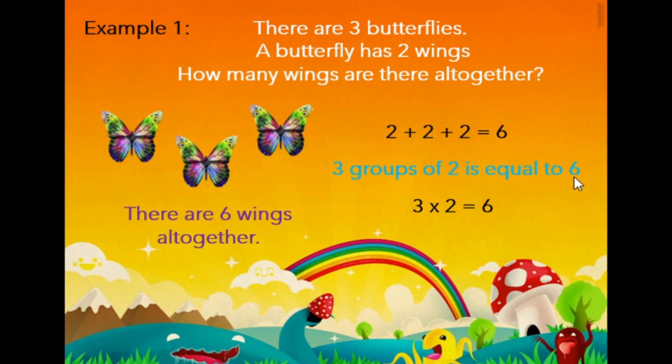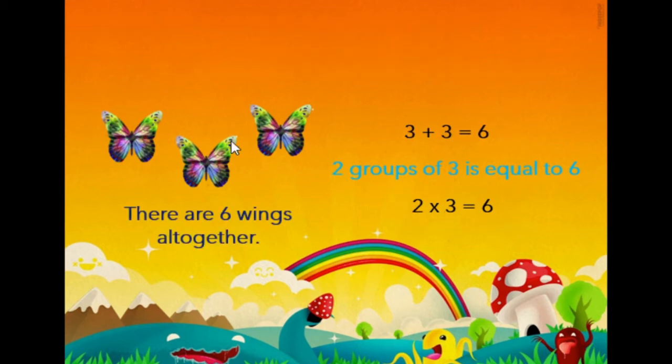In multiplication form, it's written this way: 3 times 2 equals 6. Therefore, there are 6 wings altogether. This is our first way of solving or finding out the product. Let's see the other one.